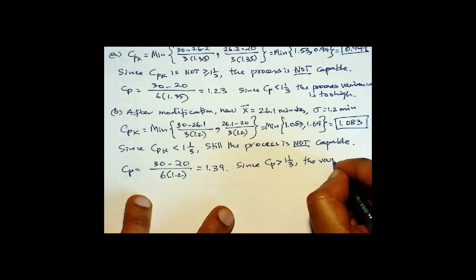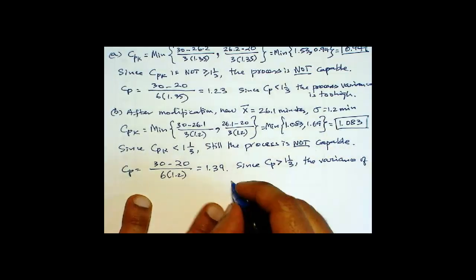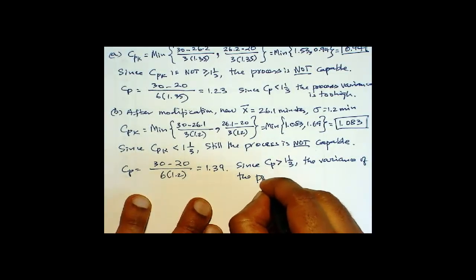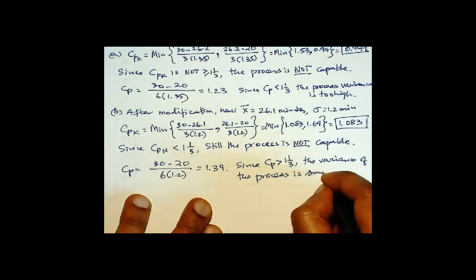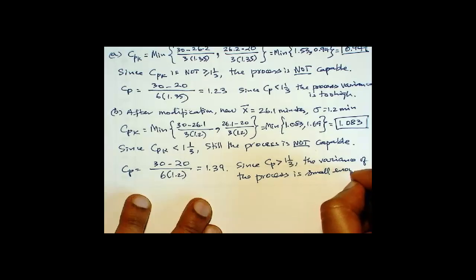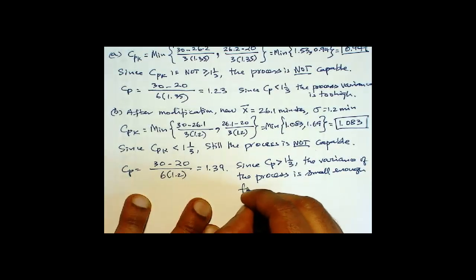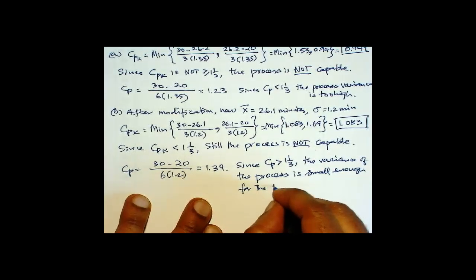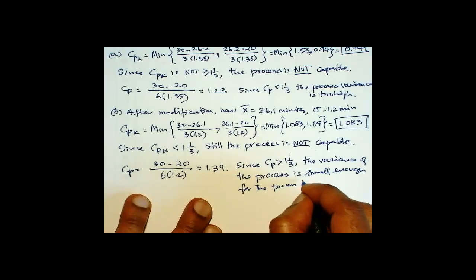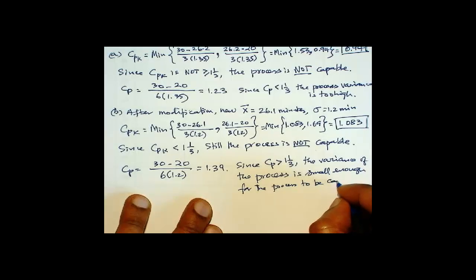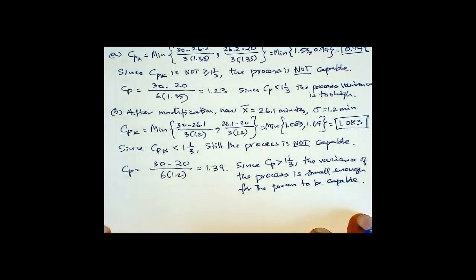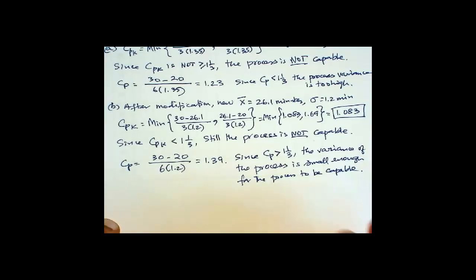the variance of the process is small enough for the process to be capable, but it is still not capable because of centering.